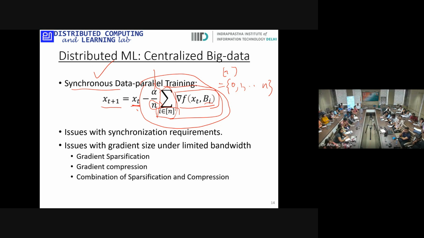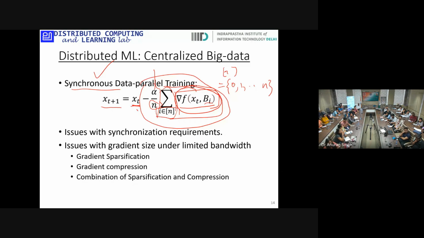It will compute this particular quantity, nabla f of x0 comma b subscript i, for that data batch. But it is being computed at state x0 only, because x0 was communicated to all of them.